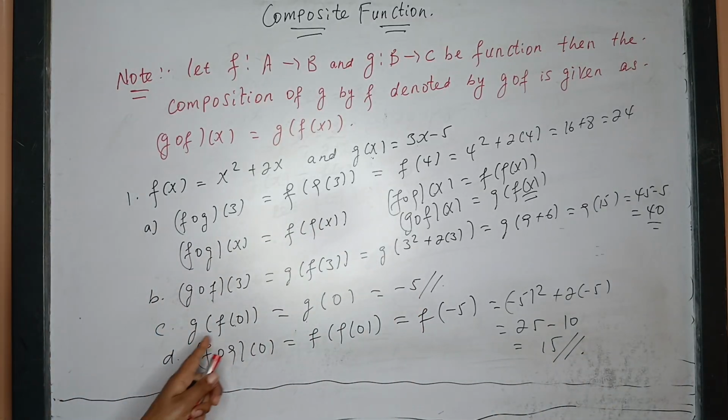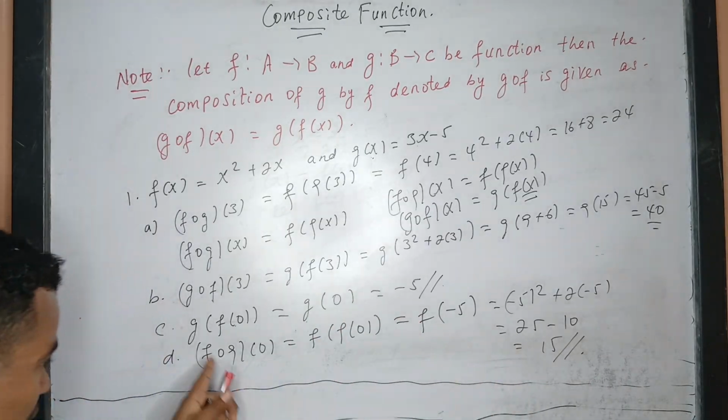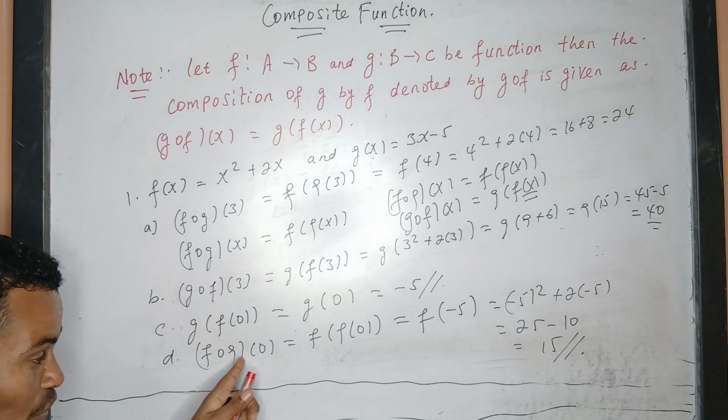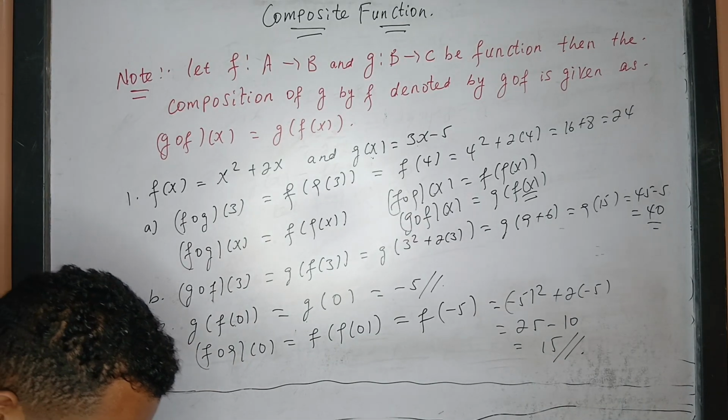So (g∘f)(0) is minus 5 and (f∘g)(0) is 15. (g∘f)(x) means inserting f(x) into g, and (f∘g)(x) means inserting the function g(x) into f.